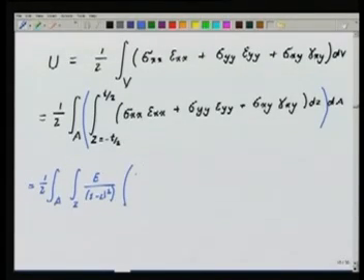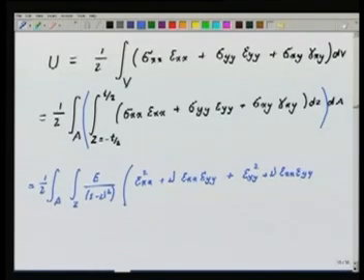So from the previous one we will have Exx squared plus nu Exx Eyy plus, from here, Eyy squared plus nu Exx Eyy plus the shear term.